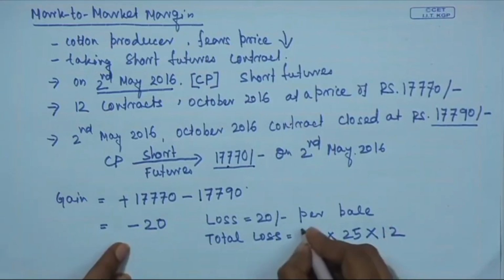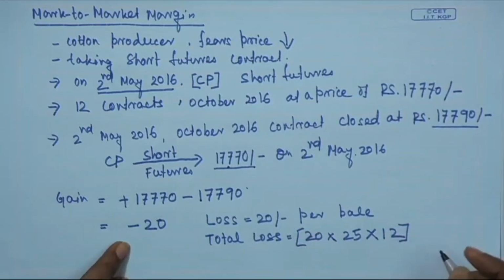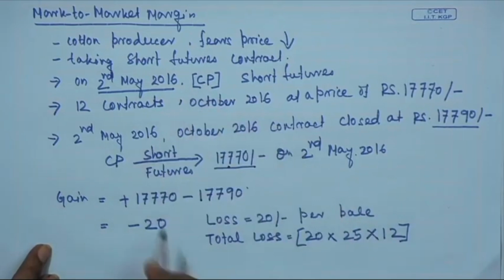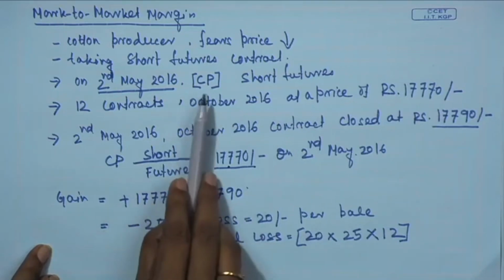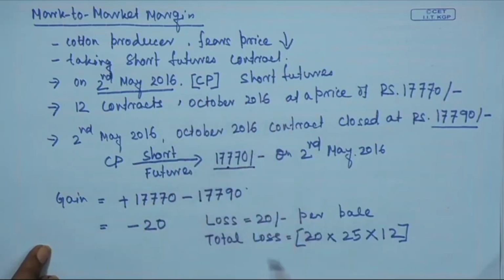So this is going to be the total loss for the cotton producer, and even if it is a notional loss, he is going to pay this amount of money to the counterparty. The cotton producer has taken a short futures position, so somebody else must have taken a long futures position. So the cotton producer will pay this loss to the counterparty.